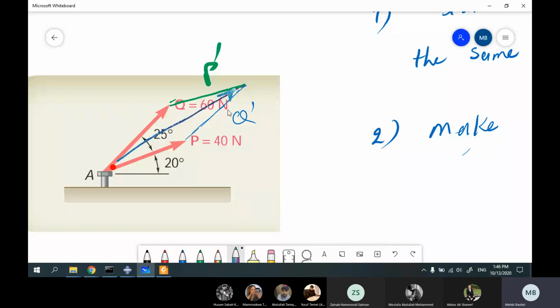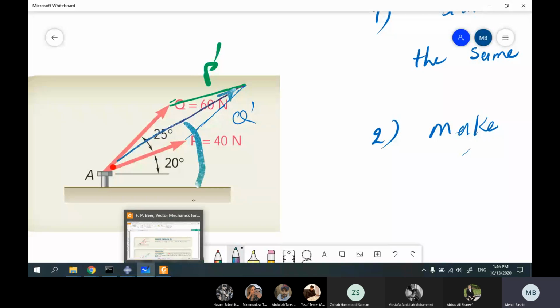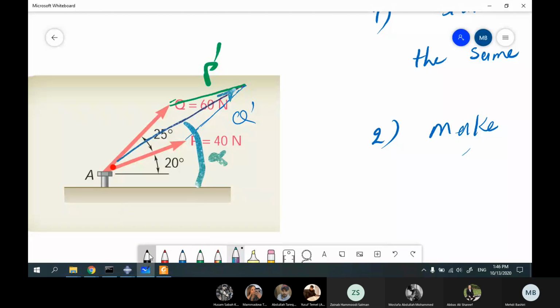As I said, they should be exactly parallel and with the same magnitude. So you just need to determine the length of this line and its direction, for example, angle alpha. You can see that you can't use it in difficult cases, because you need to use a ruler.